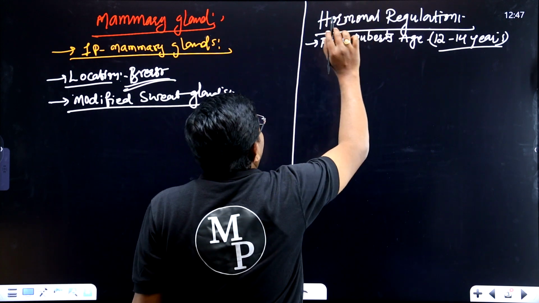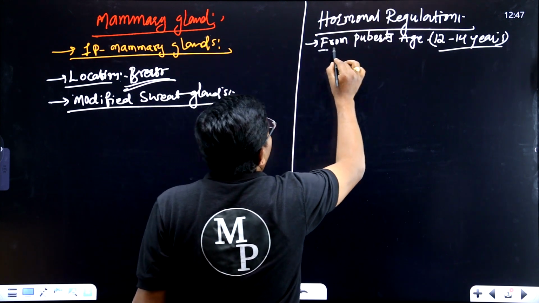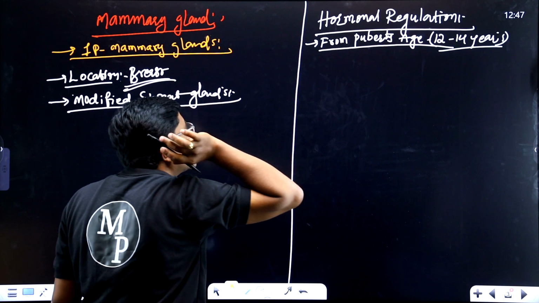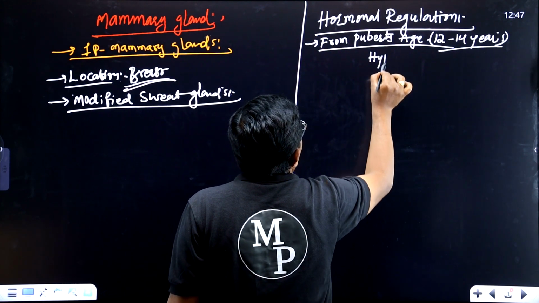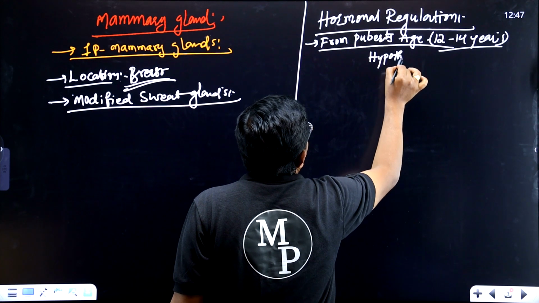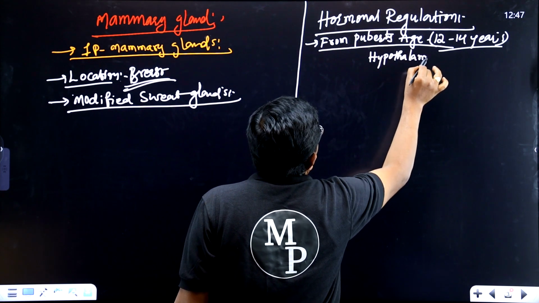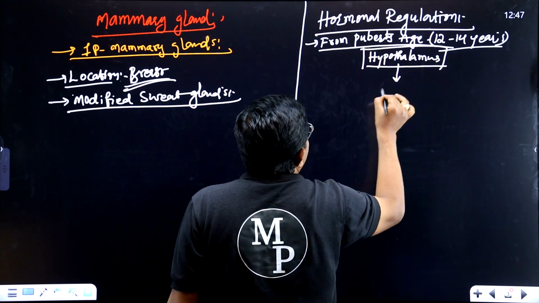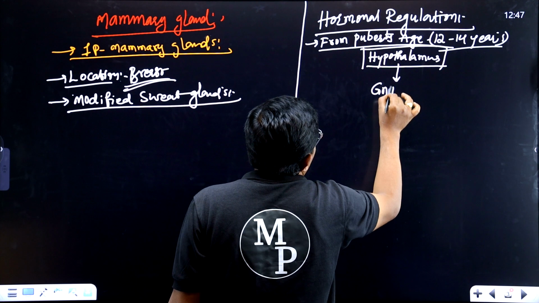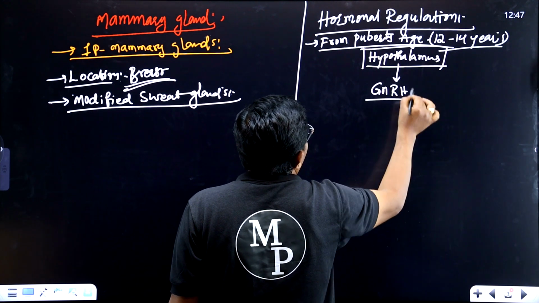Development starts from puberty. From the puberty age the mammary glands start developing. At the puberty age, the hypothalamus releases gonadotrophin releasing hormone.